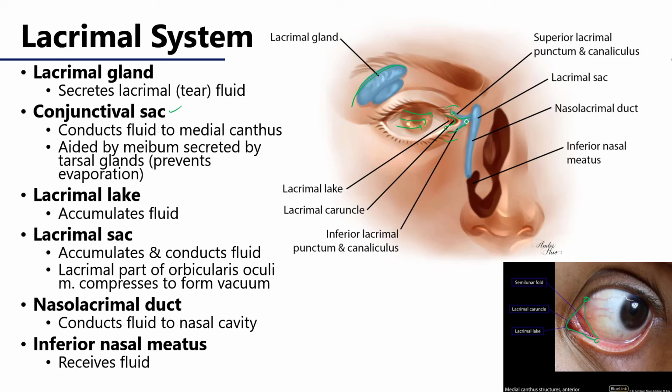That lacrimal sac is the little squeeze ball over which the lacrimal part of orbicularis oculi lies. So when the muscle contracts, it squeezes the bulb, and then when it relaxes, it creates a vacuum that pulls tears from the lacrimal lake into the puncta through the canaliculi and into the lacrimal sac.